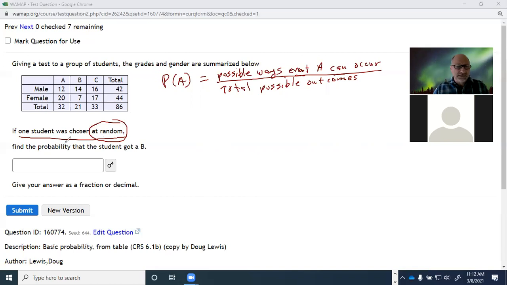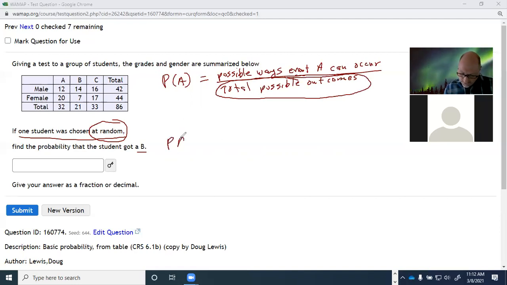So find the probability that the student got a B. If you had all these students' grades, let's say, on pieces of paper, how many pieces of paper would you have total? How many things could you select from? How many people took the test?